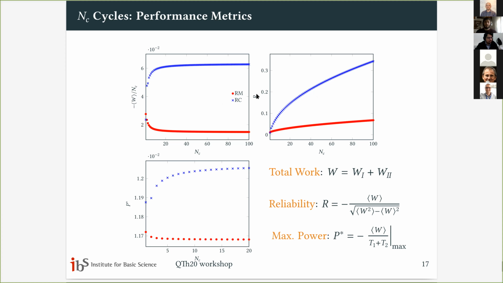Whereas here, comparing repeated measurement and repeated contact in the case of the work, the reason behind the outperformance is that the repeated contact allows the coherences to remain in the system, whereas repeated measurement kills the coherences, because the moment you measure, you kill the coherence immediately. And so this is the main reason why.